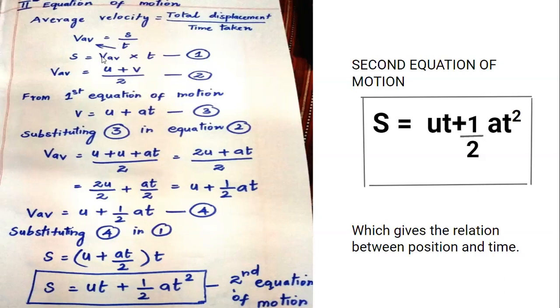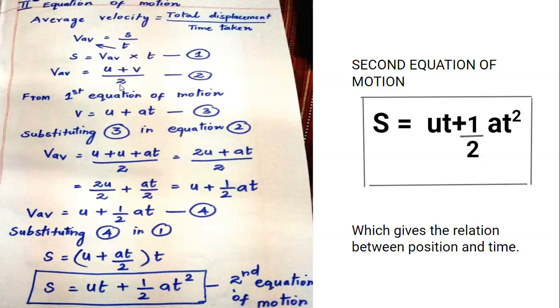So s is equal to v into t. That we are taking as the first equation. So what is the first equation? s is equal to v into t. And already we know that average velocity is the mean of the initial and the final velocity, right? So which is equal to u plus v by 2, right?